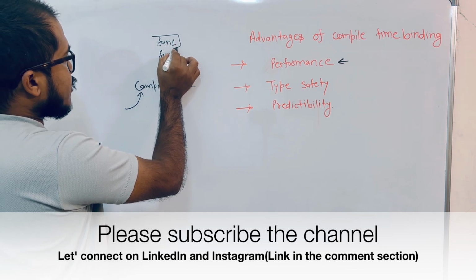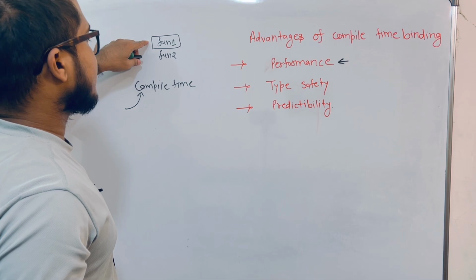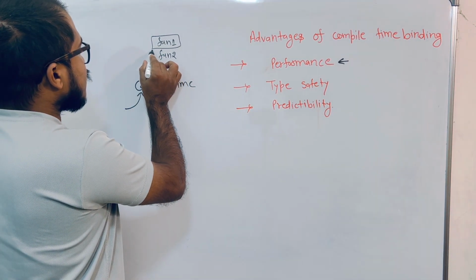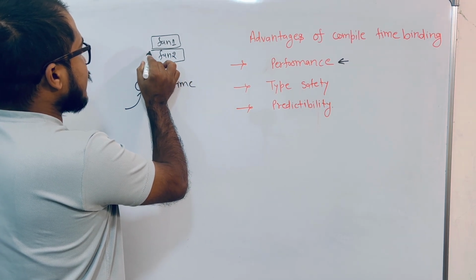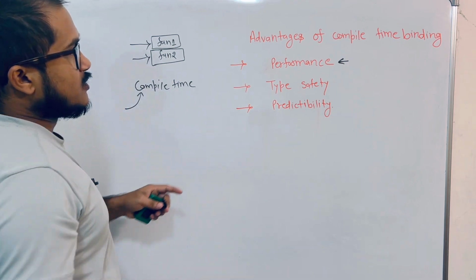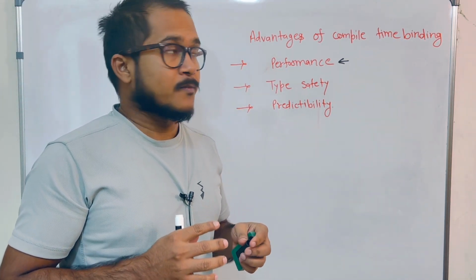Because we are able to decide at the compile time itself which function will execute at runtime, at runtime we are not going to spend extra time in deciding which function to execute. So this way we are able to improve the performance of our system.